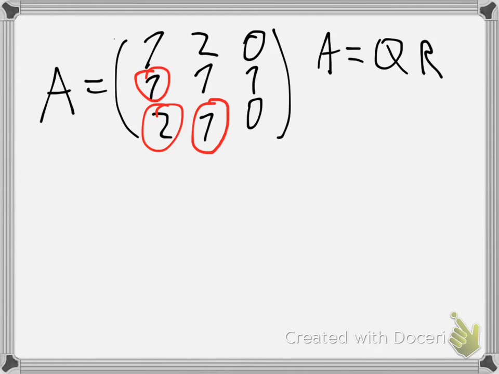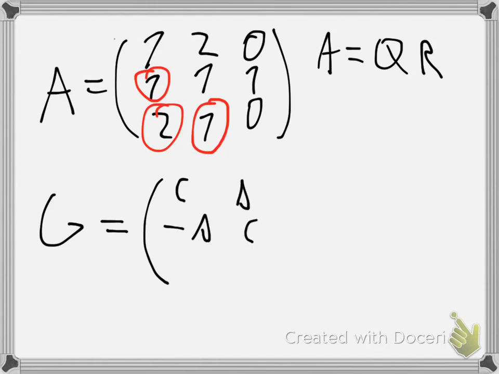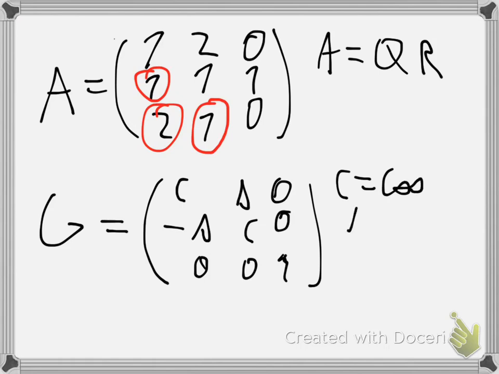Okay, remember that our given rotation is given by cosine, minus sine, sine, cosine. So remember that C stands for cosine and S for sine.